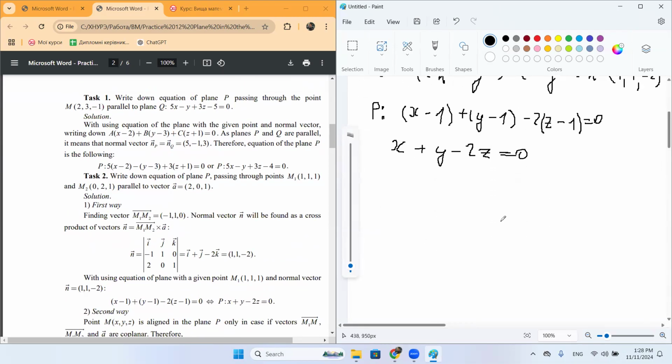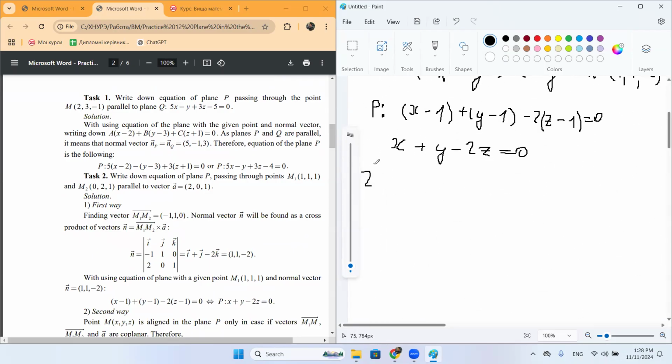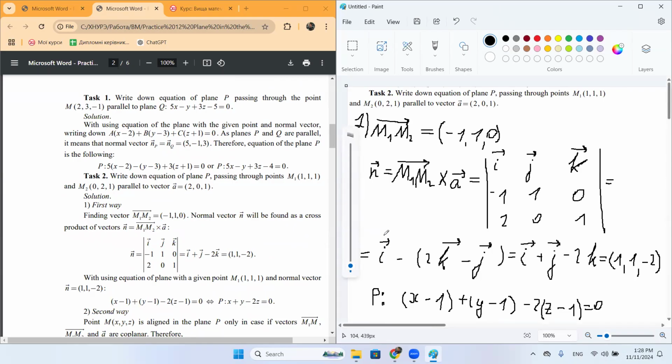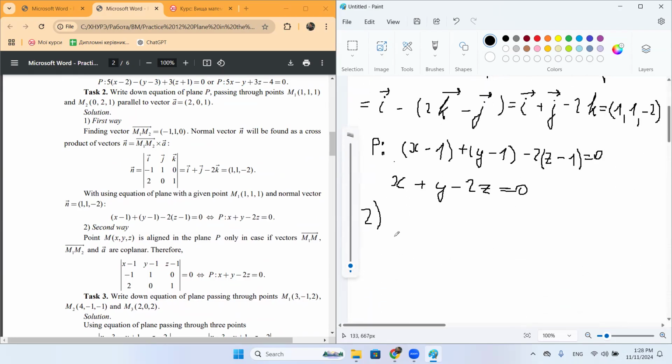So the second way, so that was the first, and we also can use the equation of the plane passing through 3 points. How to write it down: taking any point M with coordinates x, y, z.